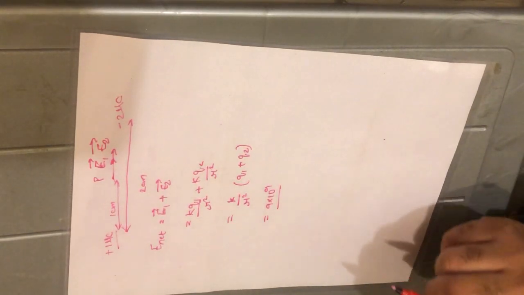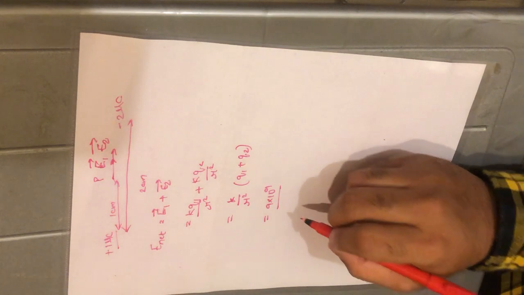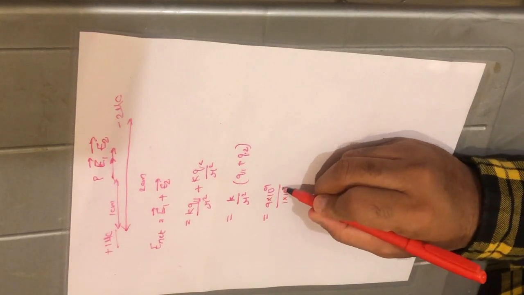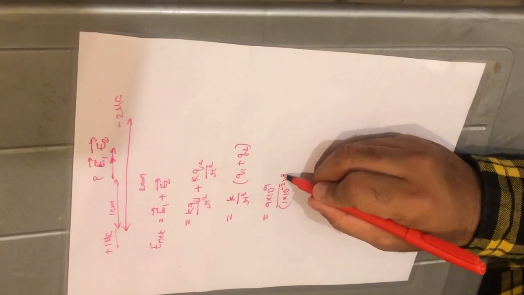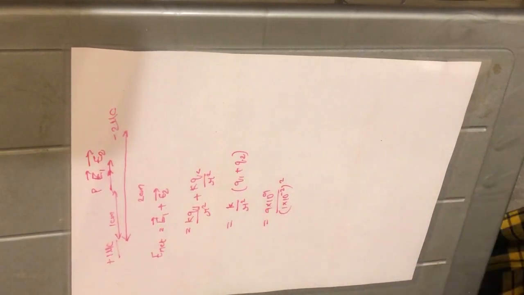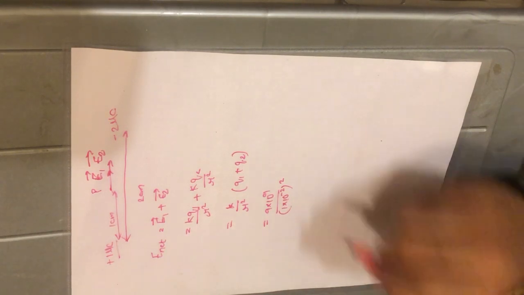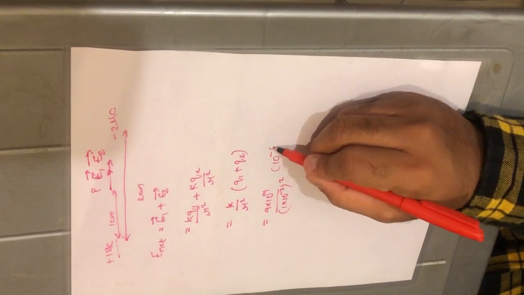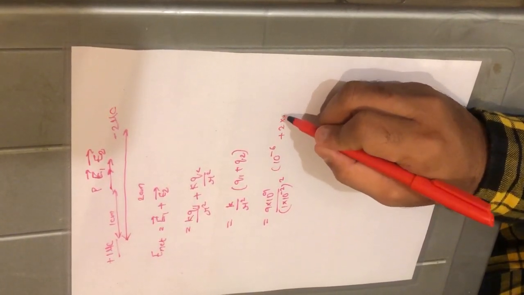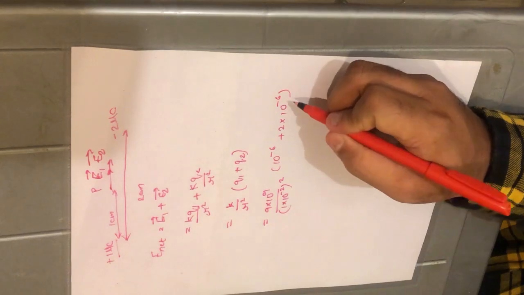Left out is Q1 plus Q2, because the values of Q1 and Q2 are different. The value of K is 9 into 10 raised to 9 upon 1 multiplied by 10 raised to minus 2 the whole square. Why am I doing this? Because R is in centimeters, you need to convert it into the standard international unit, that is meters. So it becomes 10 raised to minus 2, and since there is a square, I am taking 10 raised to minus 2 the whole square.